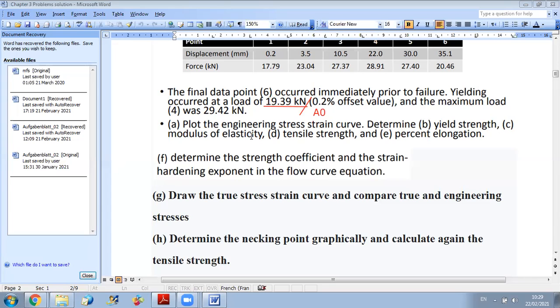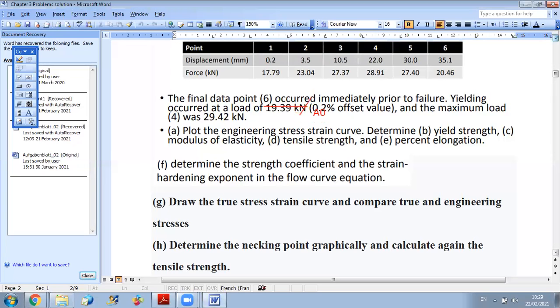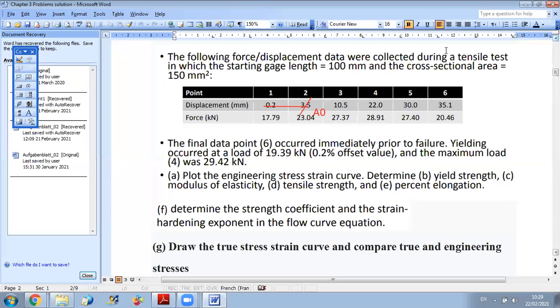Here, I have several choices for the modulus of elasticity. First, I can use the same methodology as the previous problem because they gave me the yield at 0.2% offset value. But I also have another option because I have 1 point before yield, 0.1. Okay, 0.1 is in the elastic zone.